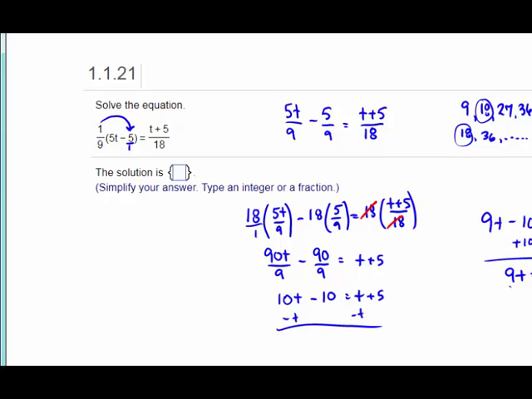And my last step, to get t by itself, I need to divide by 9. And so my t value is going to be 15 over 9, which will reduce, each of those is divisible by 3, so this will reduce to 5 over 3.